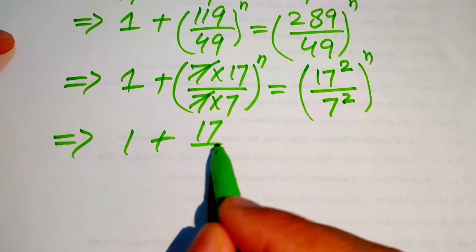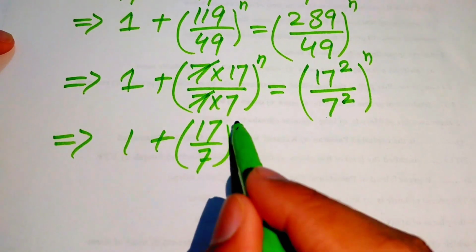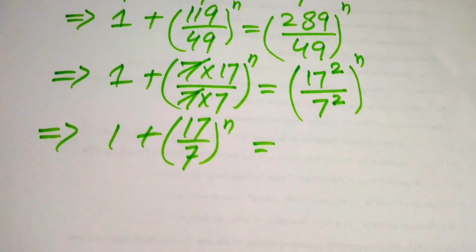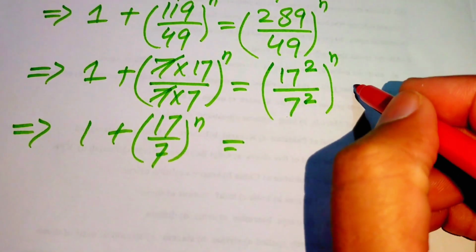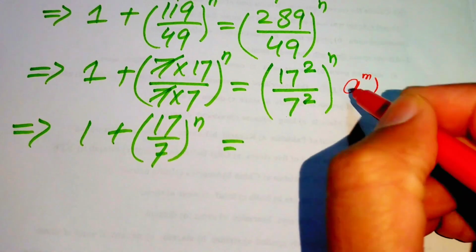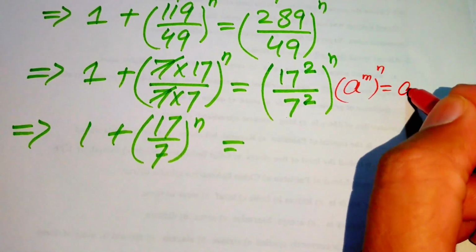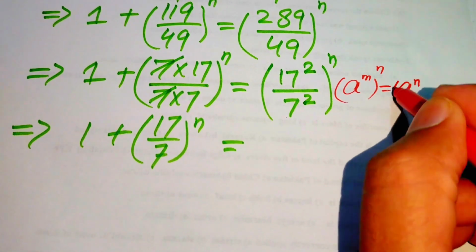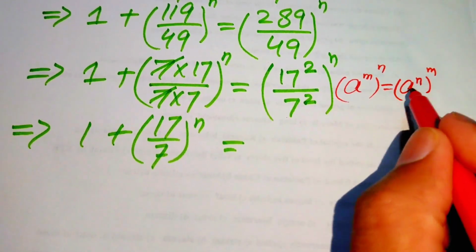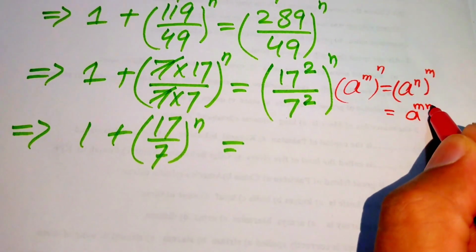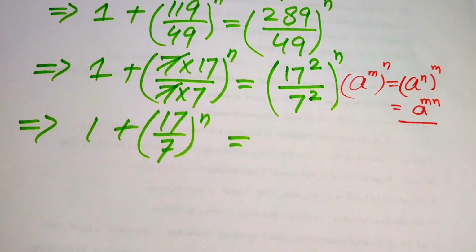and we have 1 plus 17 over 7 and its whole power n equals to, here we use the nice exponential law, and you know about this law. If we have a to the power of m to the power of n, and if we interchange these two exponents like a to the power of n to the power of m, both of these cases give us the same answer, and that is a to the power of m times n.